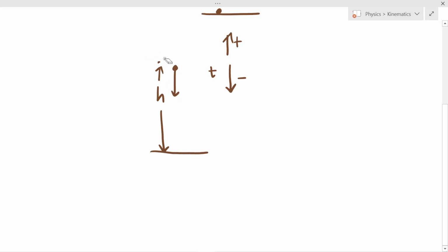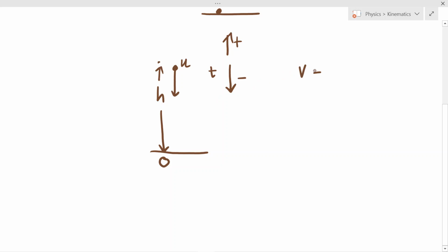Let's shift origin here. Let's say this is our origin. Now let's say it is dropped with certain velocity u. Let's take downwards. So u is the initial velocity, and we have to find what is v.